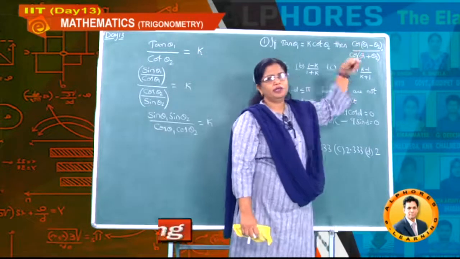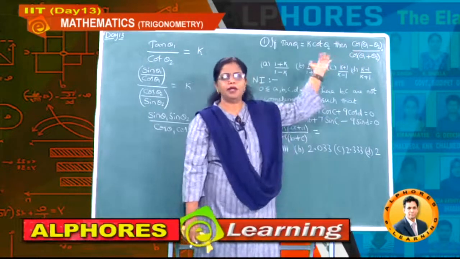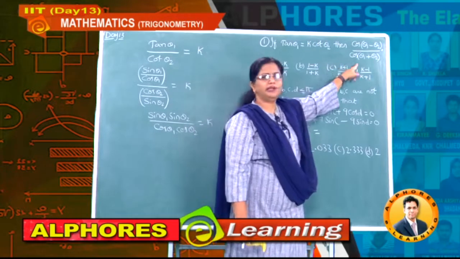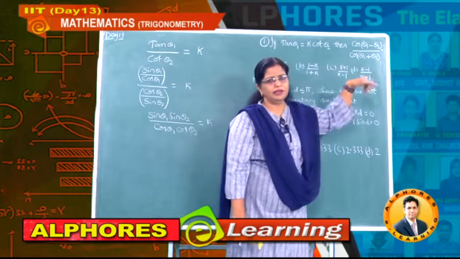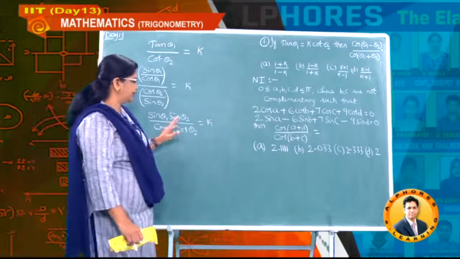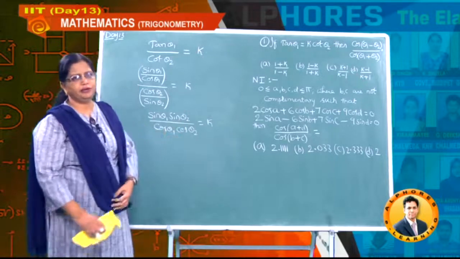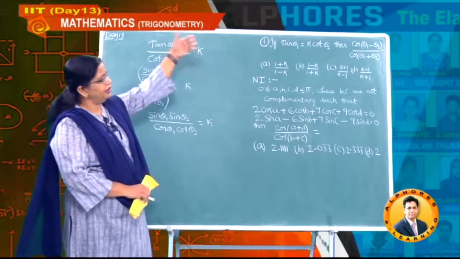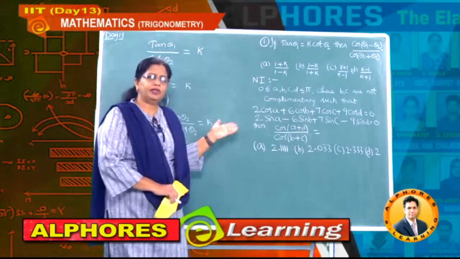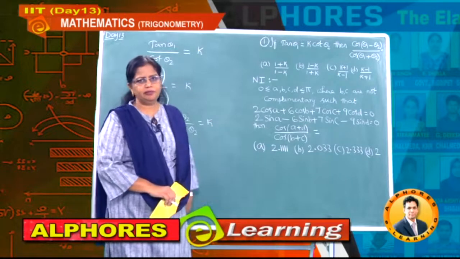Now what is the numerator formula actually here? It is cos theta 1 cos theta 2 plus sin theta 1 sin theta 2, denominator cos theta 1 cos theta 2 minus sin theta 1 sin theta 2. That means here you can easily make use of the componendo dividendo concept. But in those formulae, which term is coming first actually? Cos theta 1 cos theta 2 is coming first, okay.